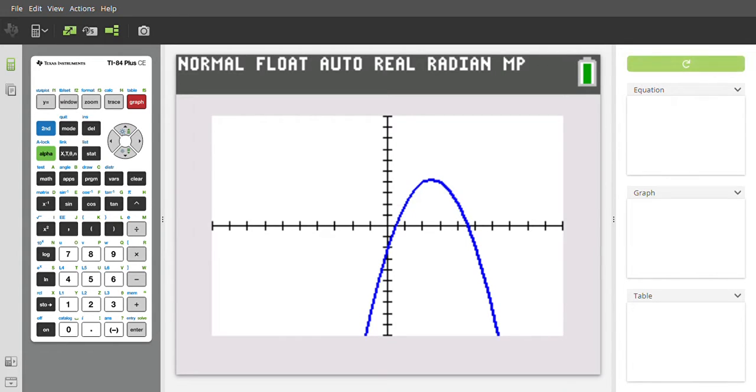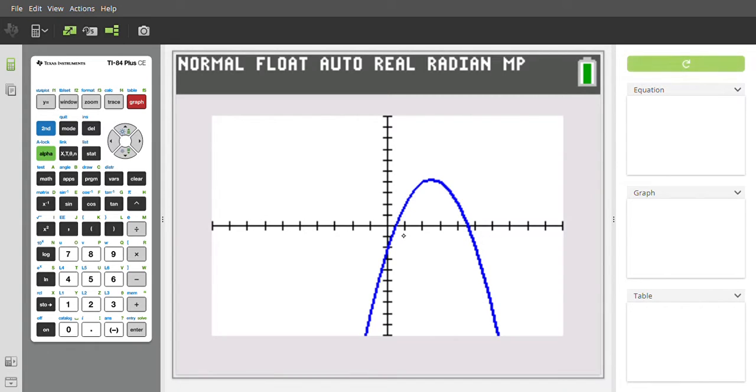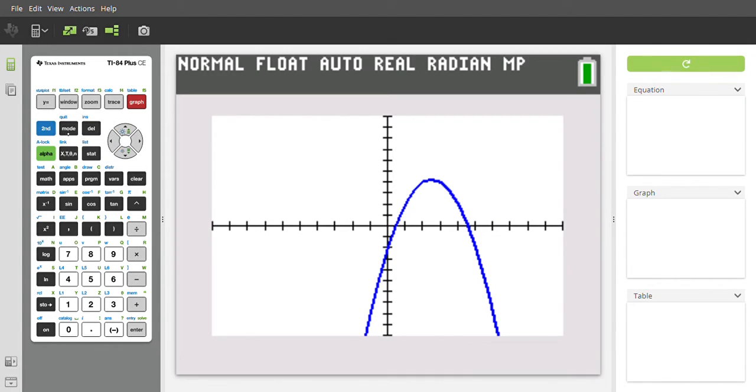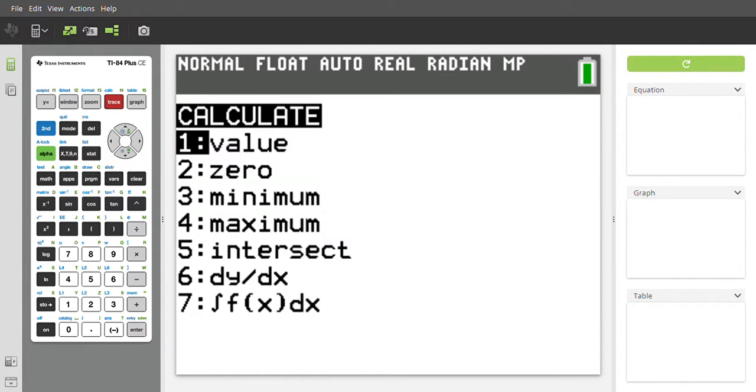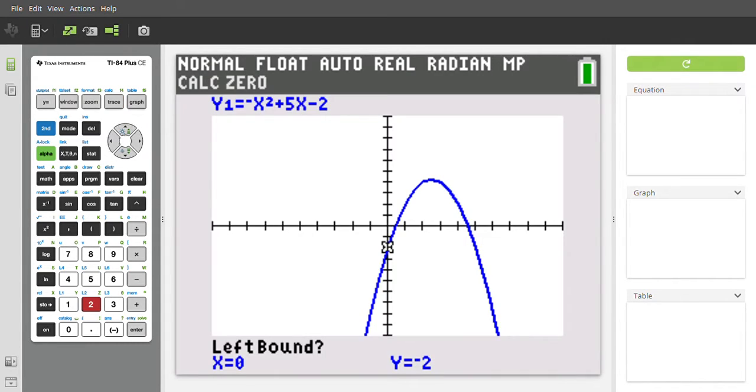Now, when we look at the graph, we can see that it crosses the x-axis somewhere between 0 and 1, and again between 4 and 5, but definitely not at exactly 1 or at exactly 5. So we're going to go to second trace and choose 0.